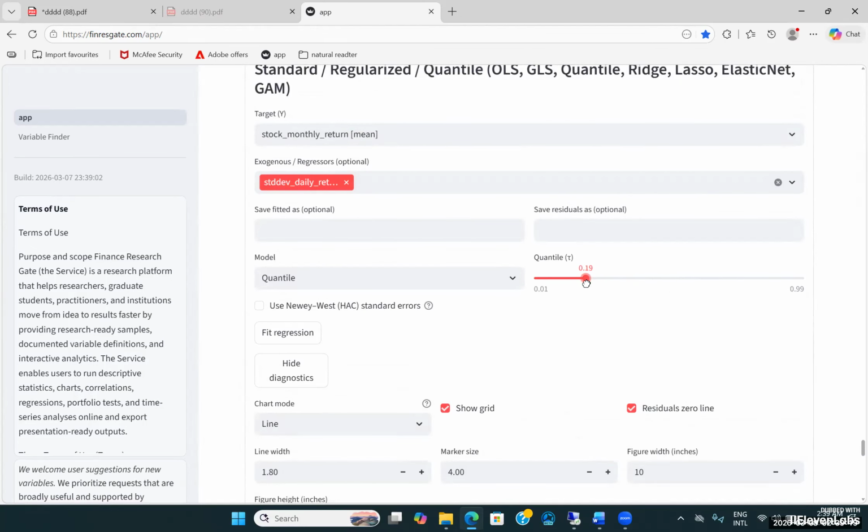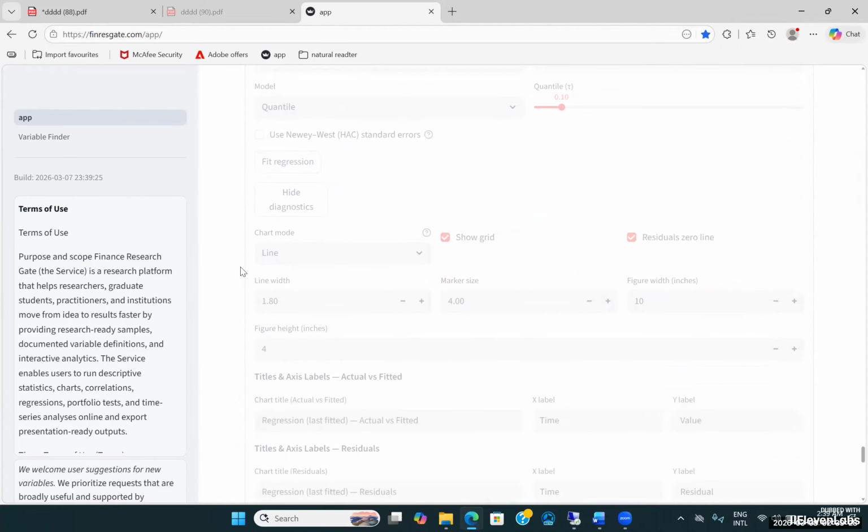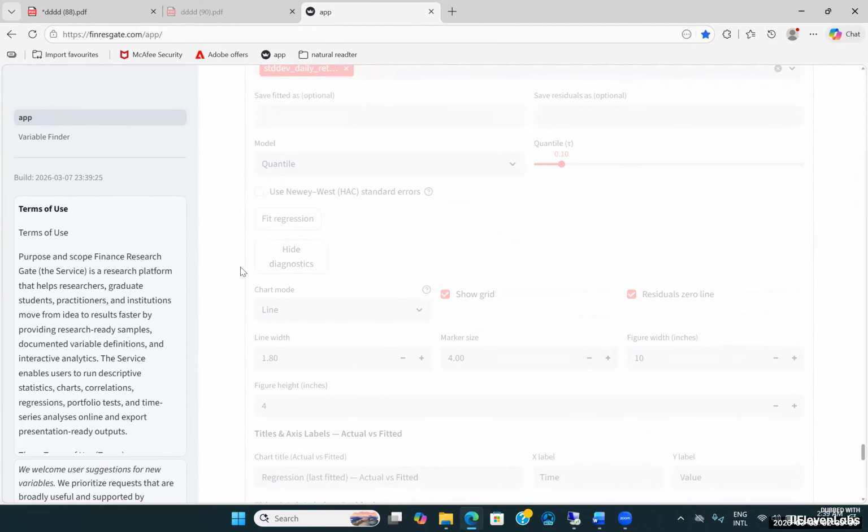Okay, so first we'll begin by setting up the 0.1 quantile regression model. Once that's configured and fitted, we'll execute the regression analysis. This step will require a moment or two for the system to process the data and generate the results.